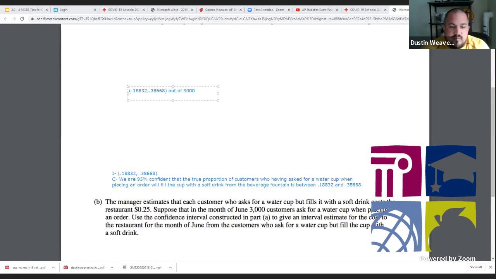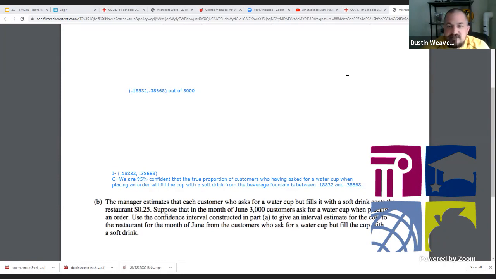Well, we can go to our calculator, and we can say 3,000 times 0.18832, and we get 564.96, so about 565. And then we can say 3,000 times 0.38668, and we get 1,160.